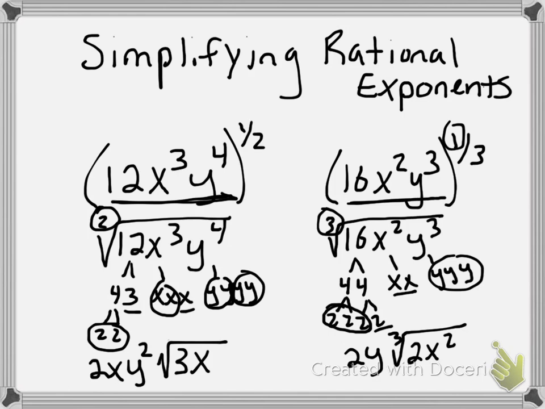Alright, so now we're going to start getting into ones where the top number of our rational or fractional exponent is not a 1. So if you need anything from the screen, pause the video. Okay. So we're going to look at 2x squared, y to the fifth, to the 2/3.